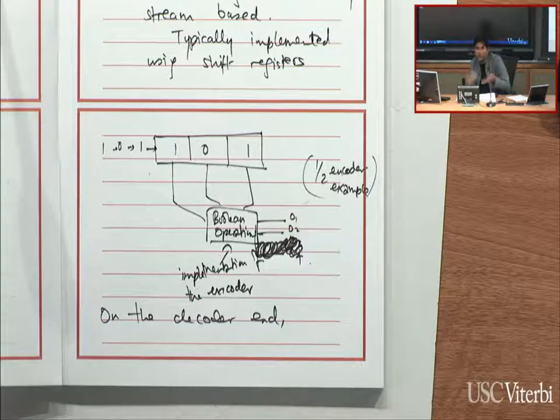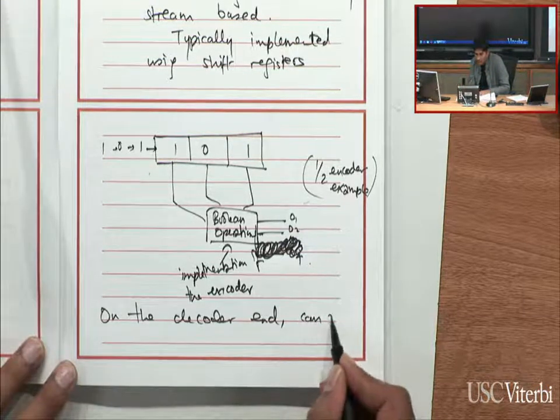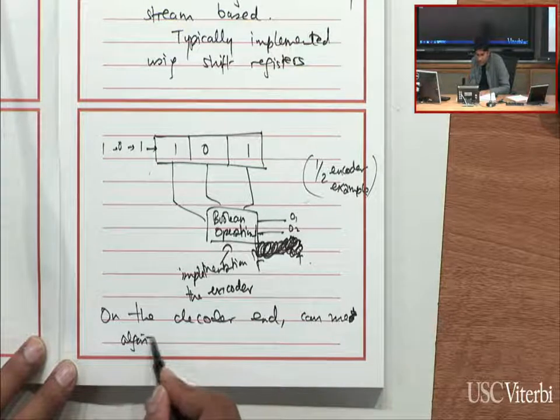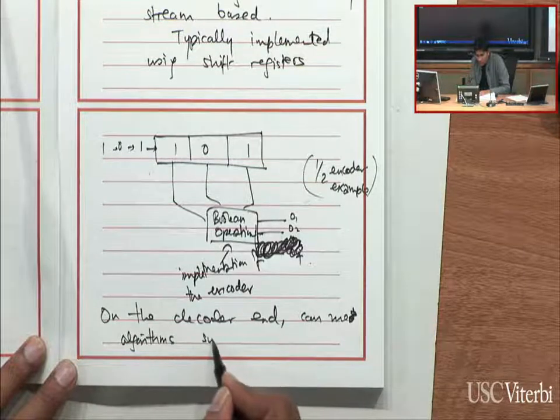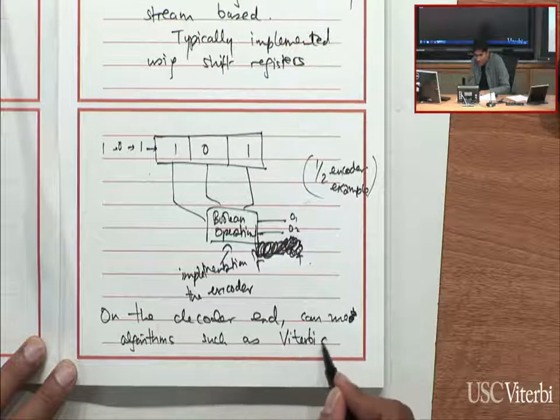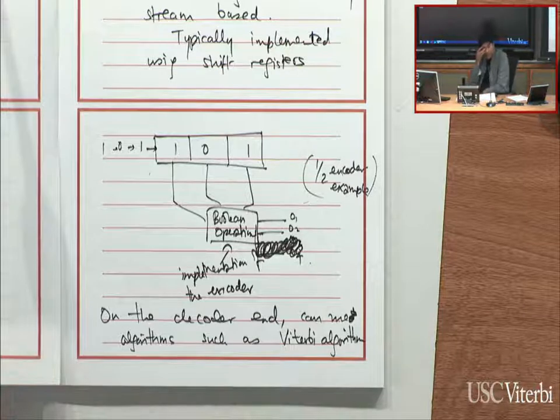One that was very popular and has been used for many years uses algorithms such as the Viterbi algorithm. So the big contribution of Andy Viterbi, who lent his name to our school, was developing an algorithm to decode convolutionally encoded bits.